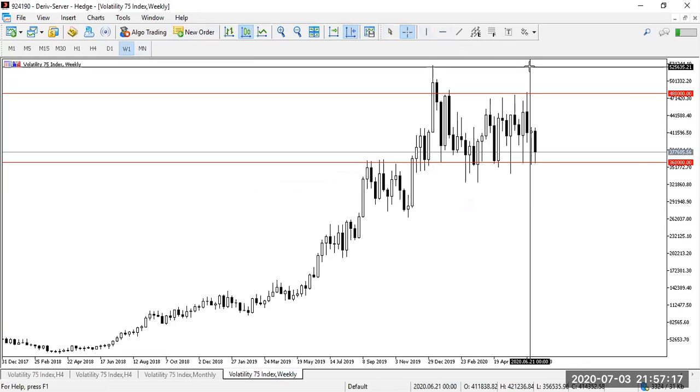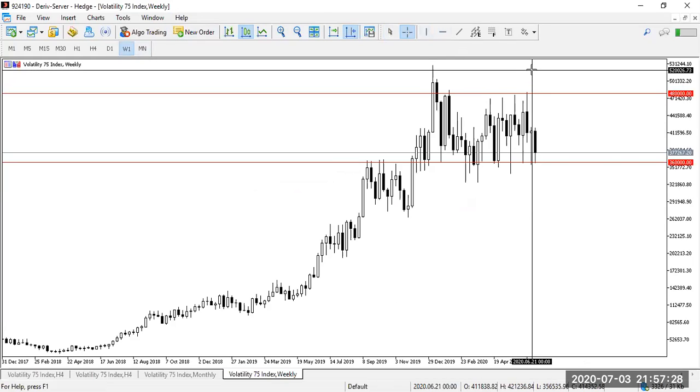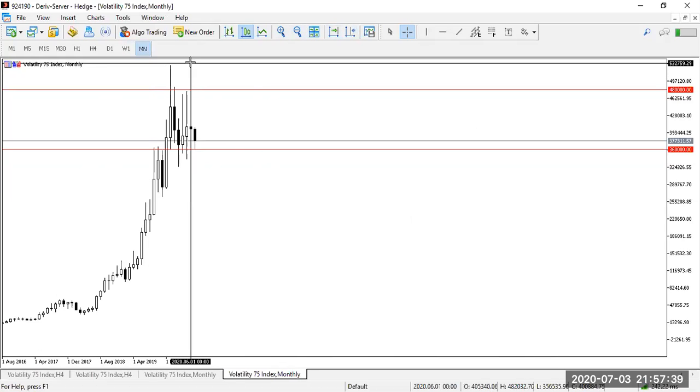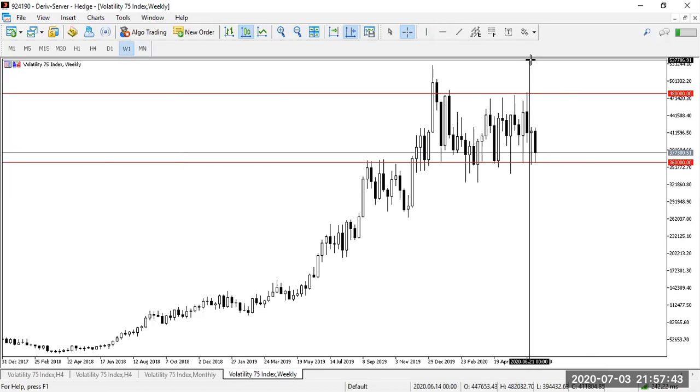So this is 14th of June, this is 21st of June, this is 28th of June. This was the last candle of the month, the last weekly candle. If you look at the monthly, you don't see direction because it's a doji, and then you come to weekly, you have this.